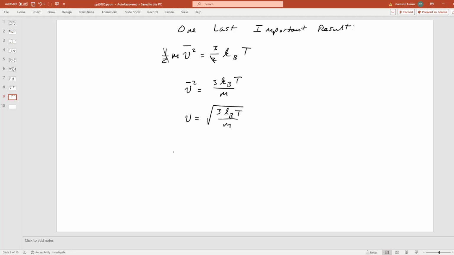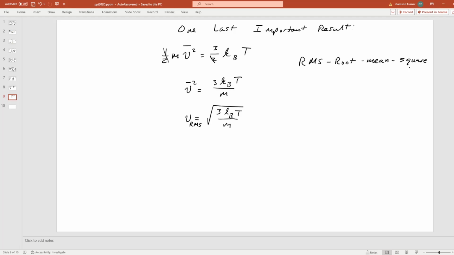So this velocity is what we call the RMS velocity. Okay? And RMS stands for root mean square. So in other words, it's the square root of the average of the square. But averaging the square is basically what we did the past two slides, right?